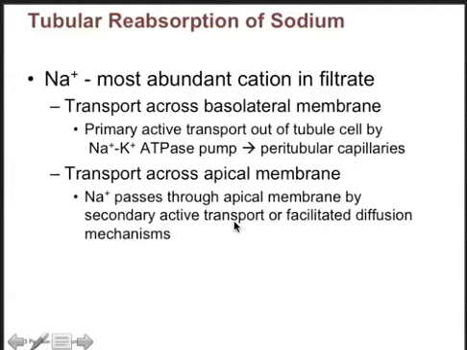Secondary active transport is a little bit different. Secondary active transport is where the movement of a solute across a cell membrane is actually driven by the gradient for a completely separate solute that's actually established by some form of active transport.